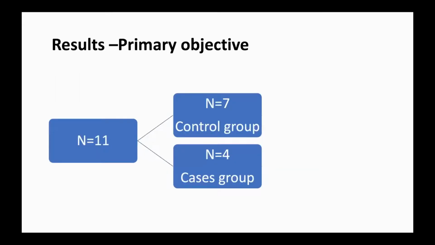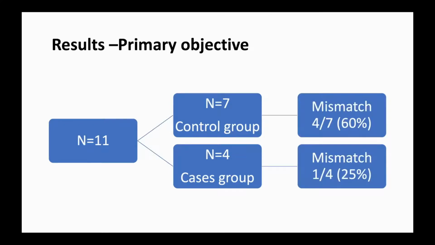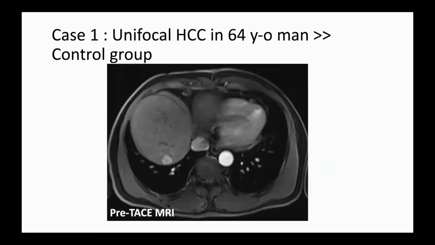We included 11 cases, 7 in the control group and 4 in the case group using the secure microcatheter. We noticed 60% non-target embolization with the conventional microcatheter and 25% non-target embolization with the secure microcatheter.